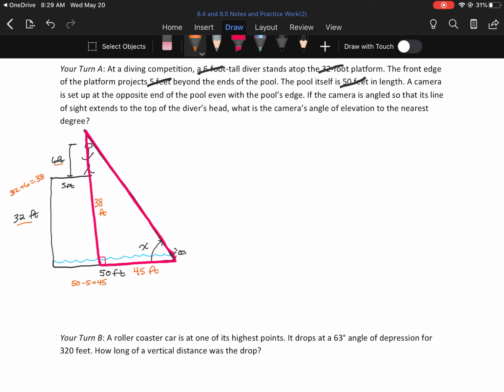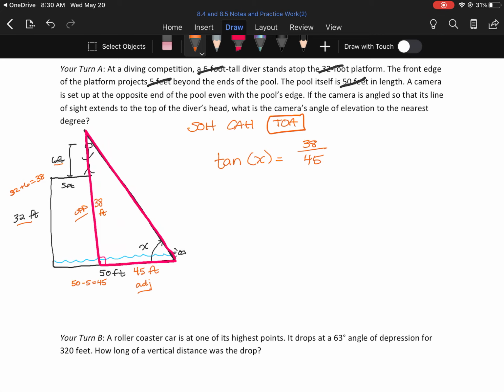So we have X. All right, we know the opposite side and we know the adjacent side. So again, if I write out my SOHCAHTOA, which one uses opposite and adjacent? It is tangent again, and it won't always be tangent. So we have the tangent of X, which is our angle, which is the opposite over the adjacent.